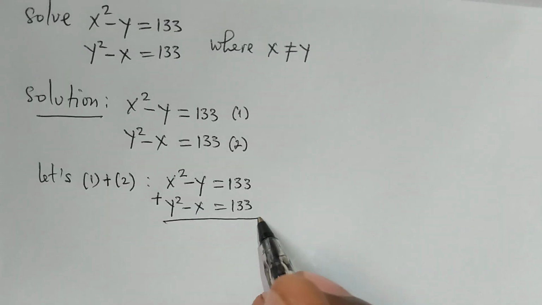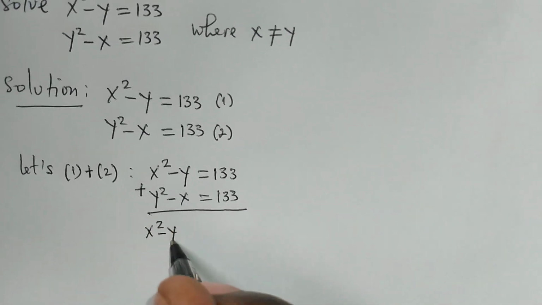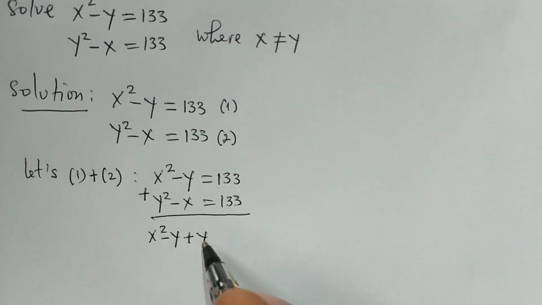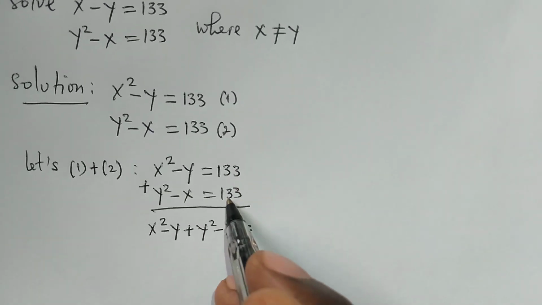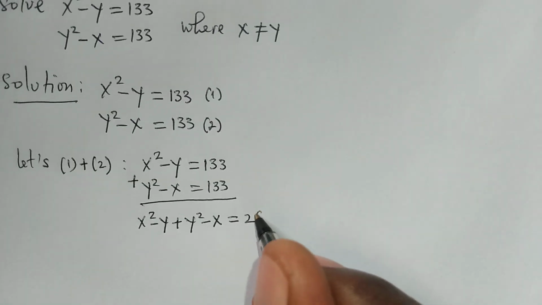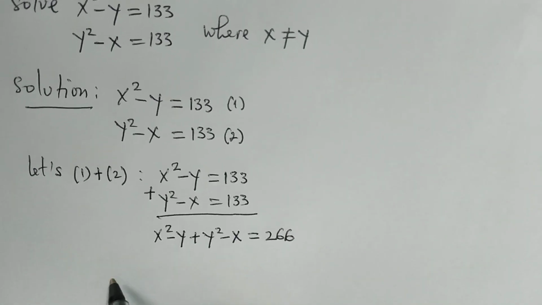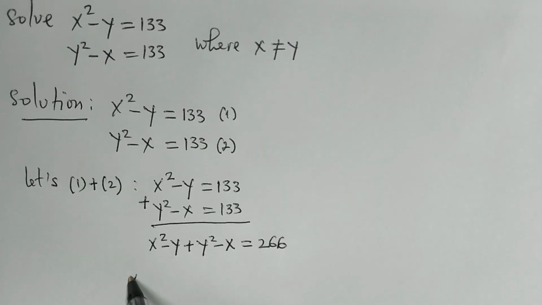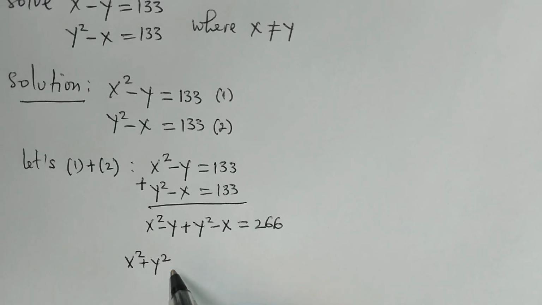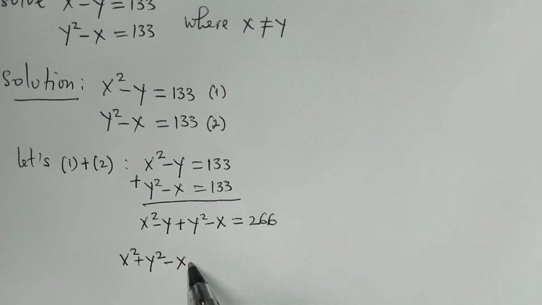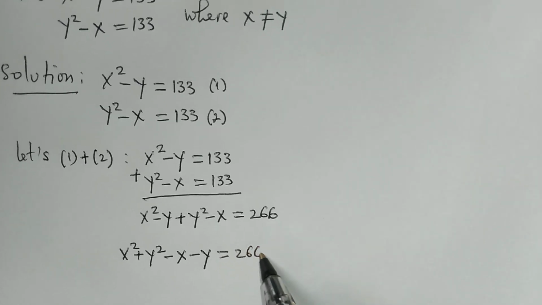Adding those, we have x square minus y plus y square minus x, which is equal to 133 plus 133, equal to 266. Then x square plus y square minus x minus y is equal to 266.